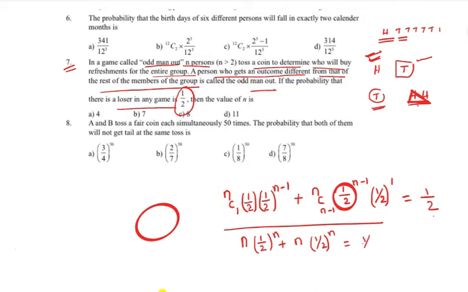After simplification you will get the value of n. From this I can write that n is equal to 2 to the power of n minus 2. So what is the n value? This is true when n is equal to 4.